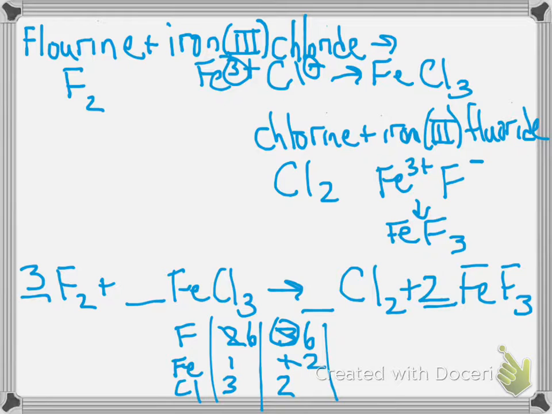We do this the same way as before. We add a coefficient of 2 right in front of iron(III) chloride on the left. That gives us 2 iron atoms instead of just 1, and it also doubles the number of chlorine atoms. 2 times 3 gives us 6.